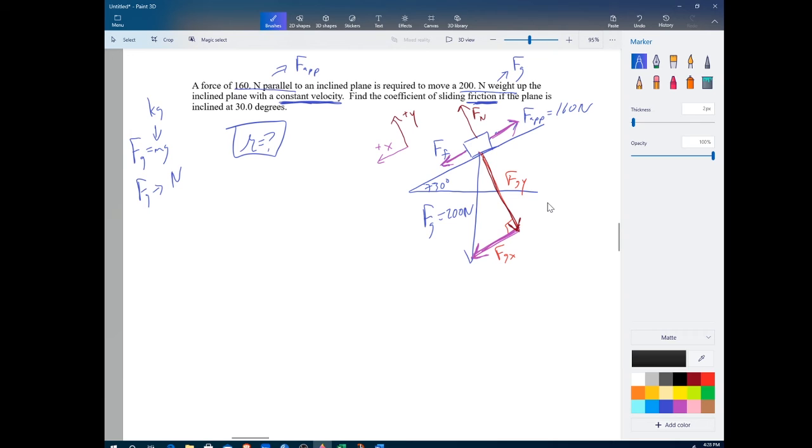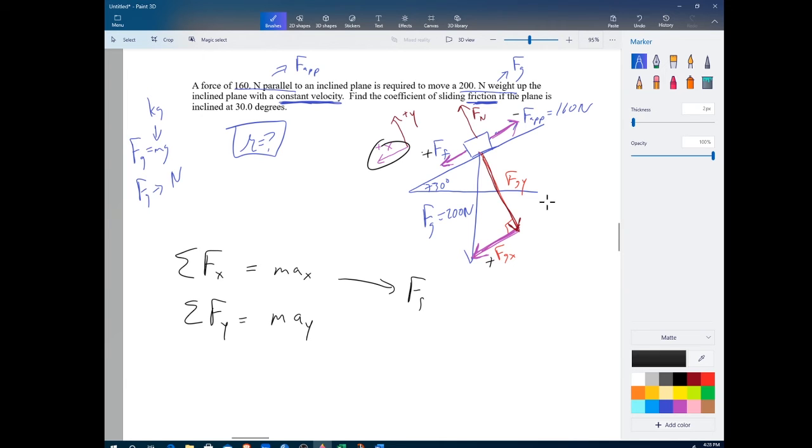And once I have that, then I need to go back to the equations that I'm dealing with. The sum of the forces in the x direction and the sum of the forces in the y direction. So we have actually a couple more forces than we're used to here, but that's okay. I'm not worried about it. I think you're going to be fine. So if I add these forces together, and remember, I can see, based on this being the positive, this is positive, this is positive, this is negative.